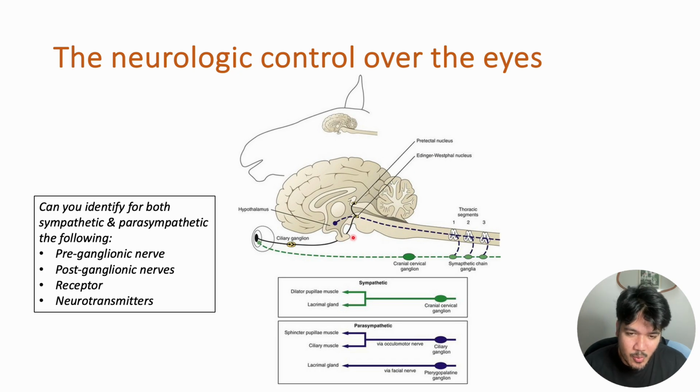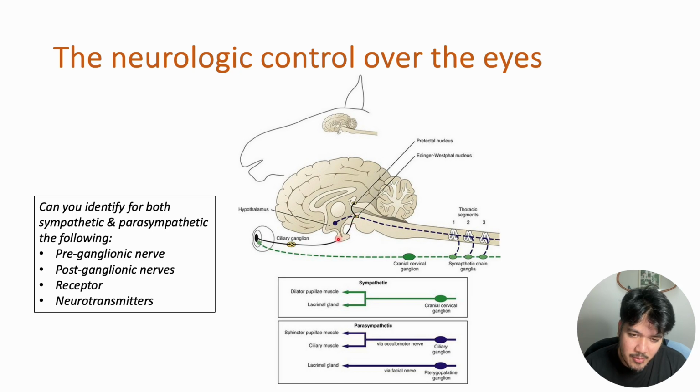If we start with the parasympathetic division, we start with the preganglionic fiber, and that starts from the brainstem. If you remember again, in the parasympathetic division, the preganglionic fiber either starts at the level of your brainstem or your sacral region of your spinal cord. The preganglionic fiber starts from a nucleus called the parasympathetic nucleus of cranial nerve 3.